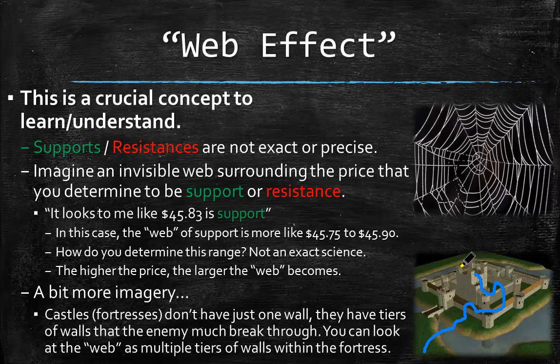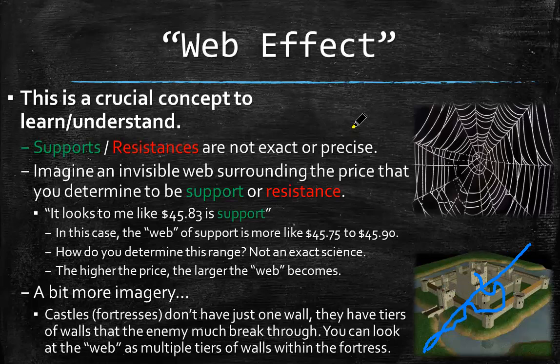So again, going back to here, the people that really don't understand would say, all right, if this is support and the price hits 45.82, that means the whole fortress is overtaken. Well, no, not really. Maybe they've gotten across the moat, but there are other areas that would need to be broken into before you could consider this a complete breakdown and capturing of this entire fortress.